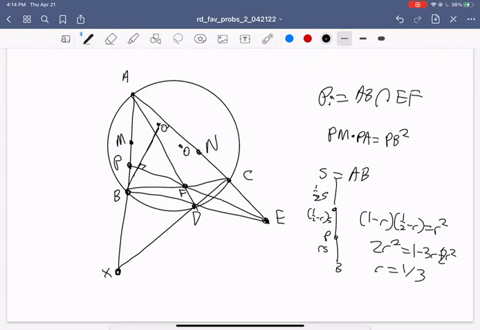It just remains to show that the line EF can never intersect the circle. And that means that no point on the line can be a distance of R away from the circle, where R is the radius. If any point is within R of the circle, then that will be false.